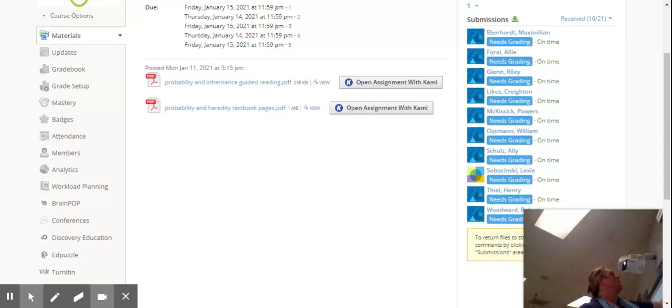Brown is dominant to blue, and this is the way that it can happen. If this is a brown-eyed parent and this is a brown-eyed parent, notice that both parents have the dominant allele, which means their eyes are brown, but they are both carrying a recessive allele. So if you have the right combination, it can produce the recessive trait.